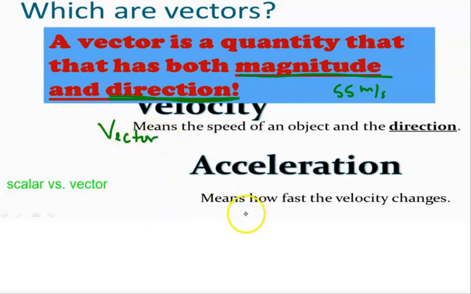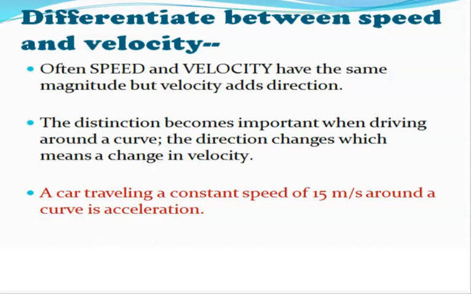This one will be a vector because it's talking about the velocity changing, and it's going in a certain direction. So these ones right here are vectors. What we can't see back here is speed, and speed itself is scalar because it does not include direction. So there's a little bit of extra information there at the bottom of your page, but I'm going to keep moving on. Pause if you need to take more time.